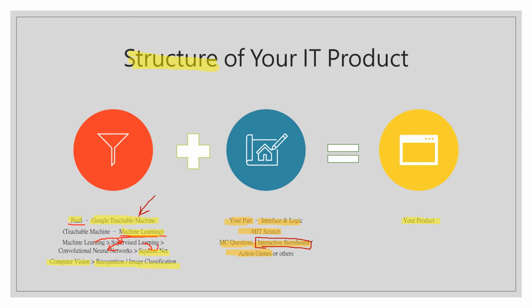Then when they put the snowman in front of your application again, MIT Scratch passes the image to Teachable Machine to see if it is a snowman or not. If Teachable Machine says yes, it's a snowman, it returns a yes or snowman value to your MIT Scratch, and then you can continue your interactive story.